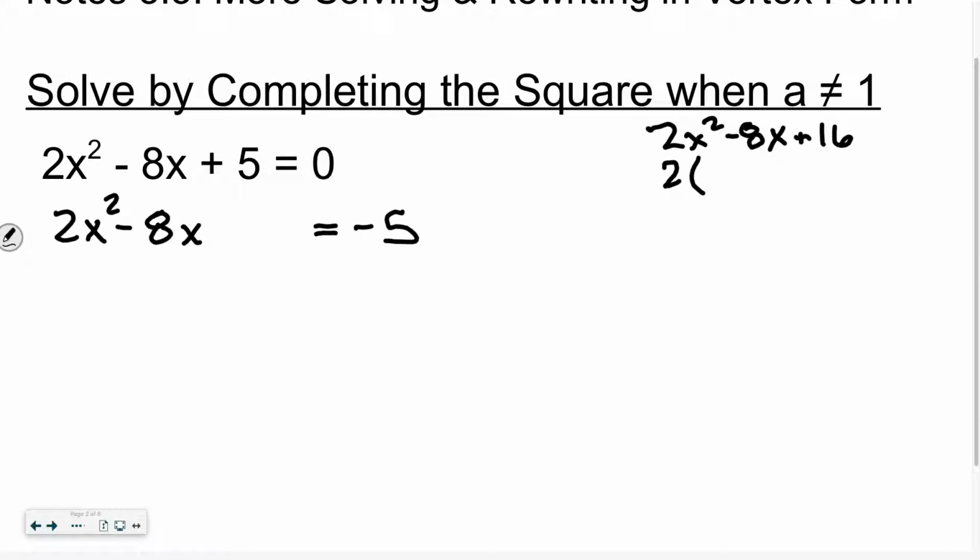Well, I could factor out a 2. Do you have factors of 8 that add to make negative 4? No. So it doesn't even factor, let alone give you two factors that are exactly the same, right? So 2x squared minus 8x plus 16 is not a perfect square trinomial.